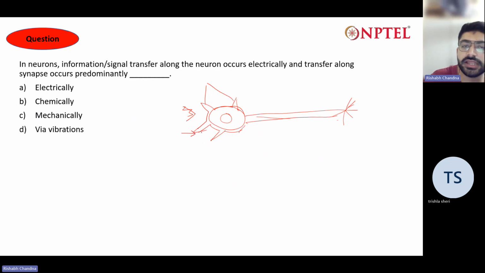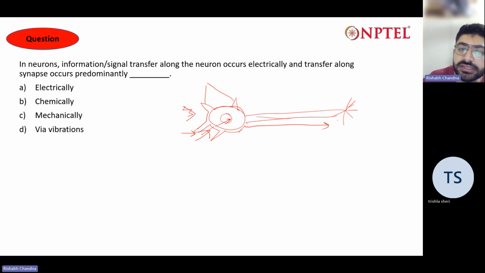These dendrites receive the signal from different neurons to this particular neuron. Now this signal will be received here and sent to the cell body. Then it will be decided whether the signal needs to be sent further or not. Now from here, the signal will be sent this way through the axon.